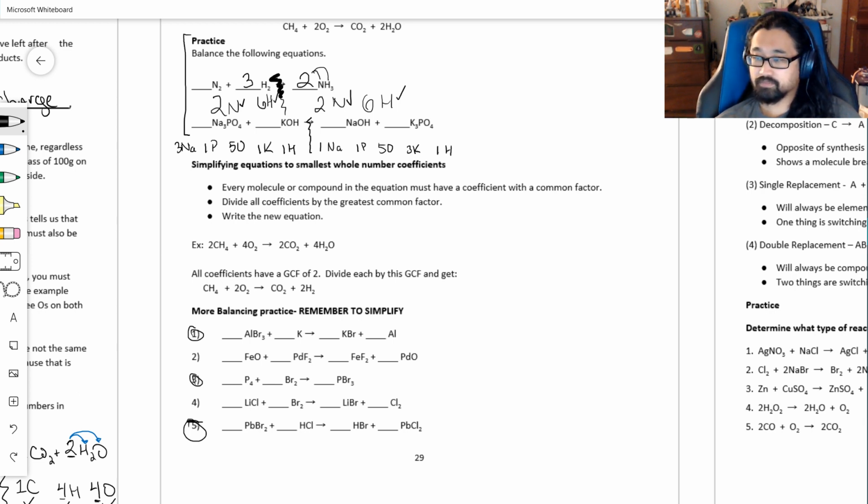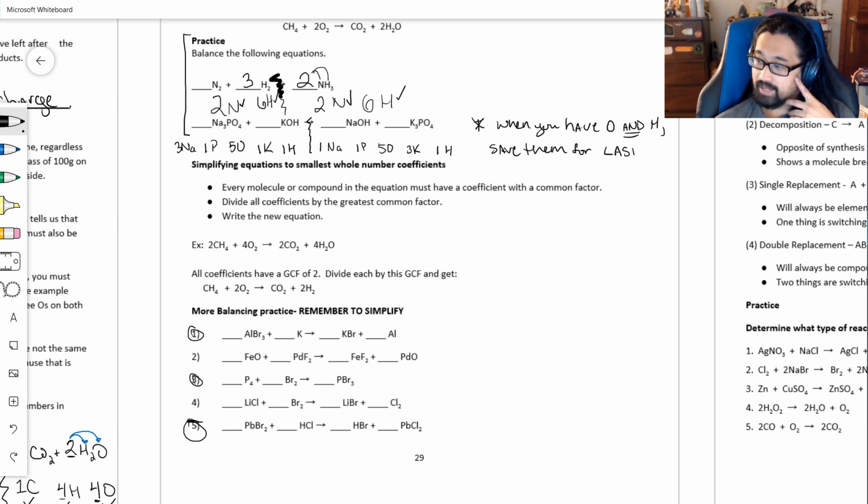Okay. Now, there's something that I did not mention before that I feel like I need to mention now because it will help you. So a little asterisk. When you have O and H, save them for last, right?